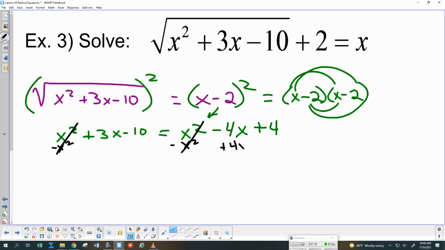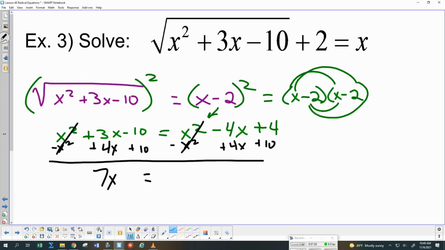So let's add 4x to both sides. And we have 7x. And let's get the constants on the right side. Let's add 10 to both sides. If 7x is 14, what does x need to be? So am I done? x is my solution.